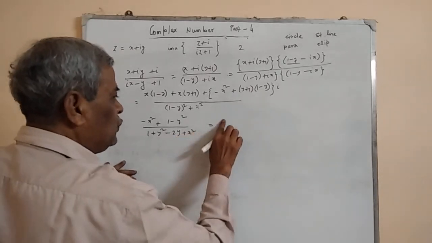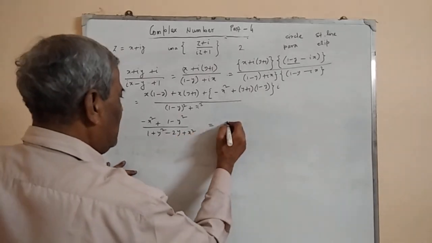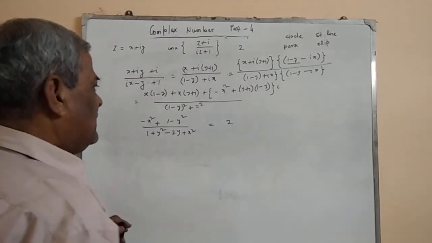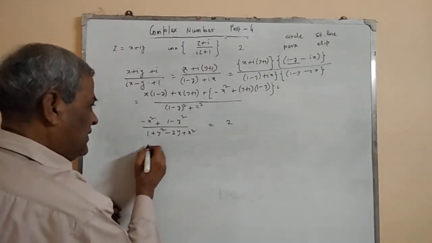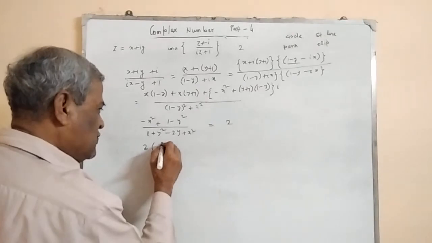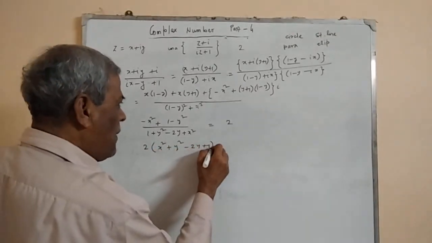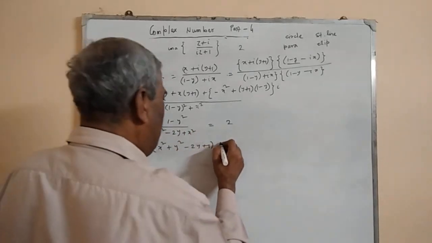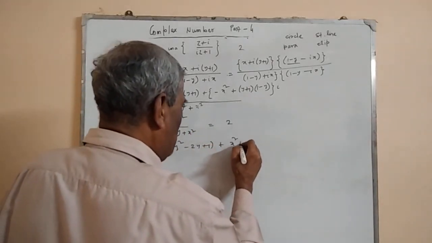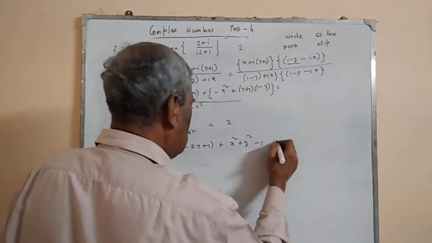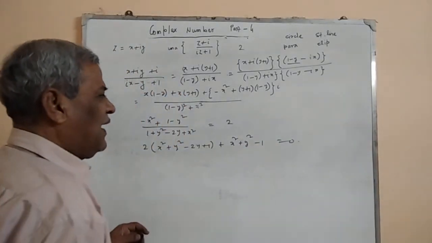This is equal to 2, not 1. That is, we get 2 into x square plus y square minus 2y plus 1 plus x square plus y square minus 1 is equal to 0.